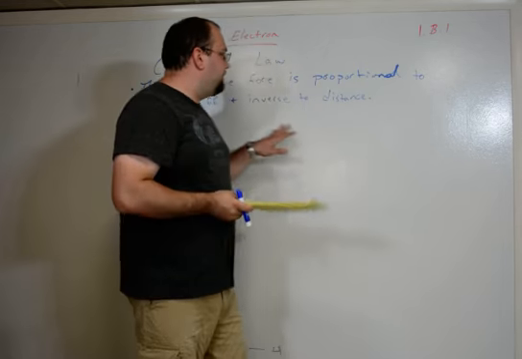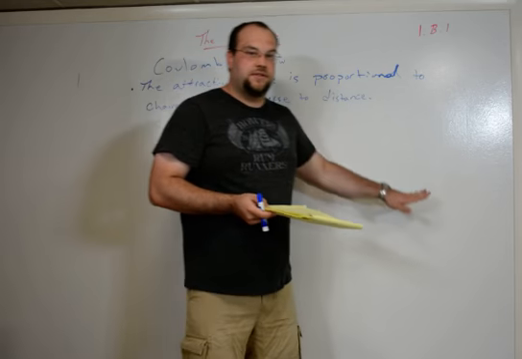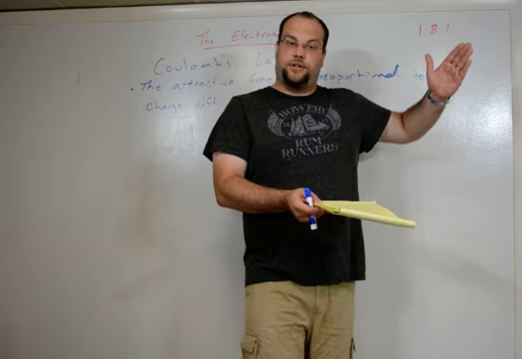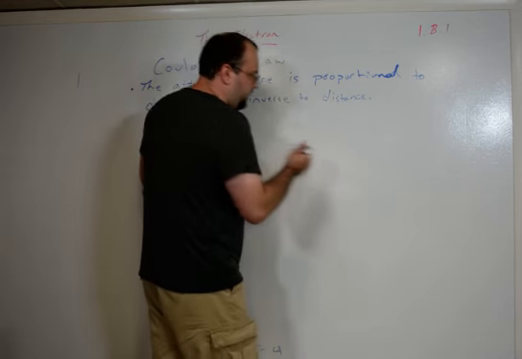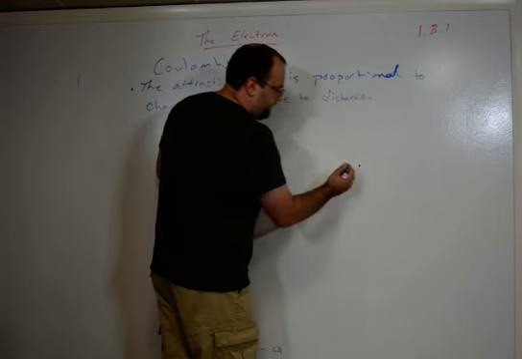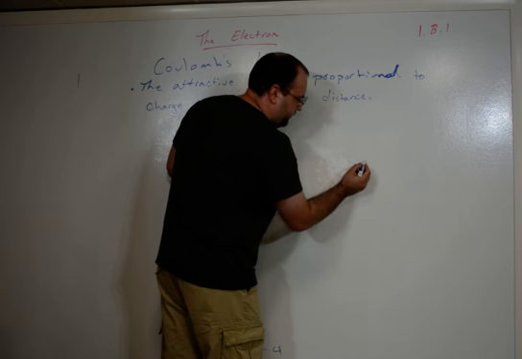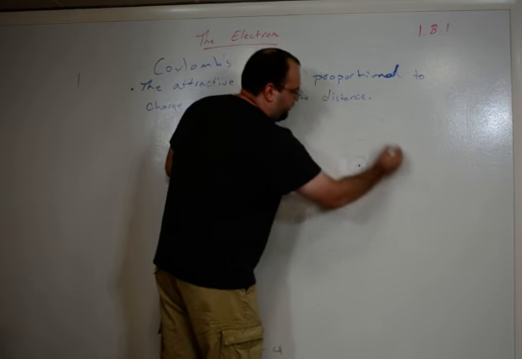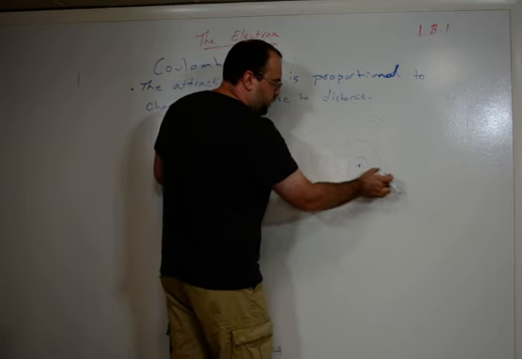At the same time, francium has 7 energy levels, and the distance between them grows as you go farther out. If we have francium, let's say here's our nucleus. Our first energy level might be pretty close. Our second one might be farther away. Third one, fourth one. See how the distance grows?